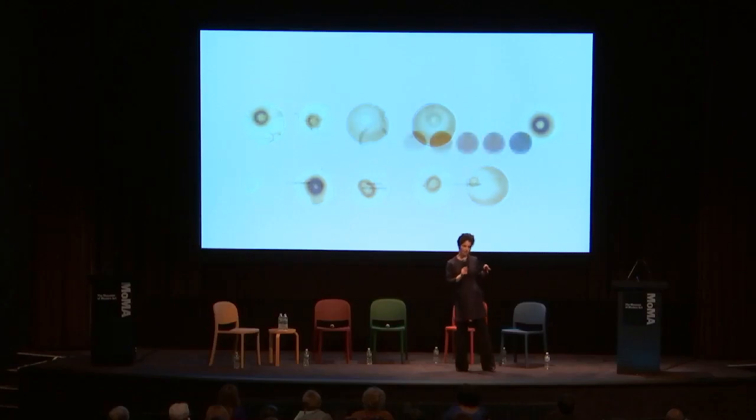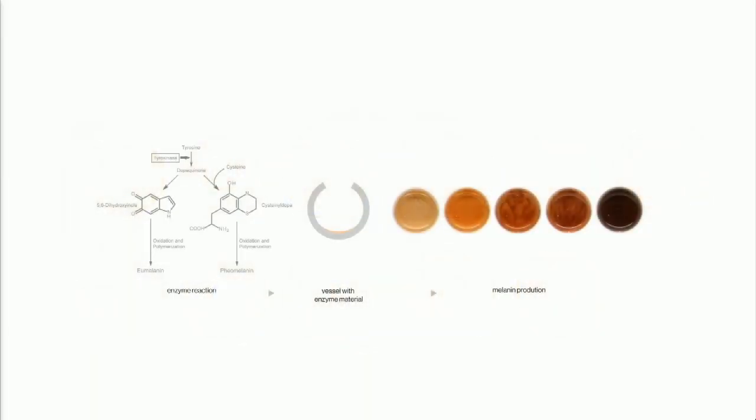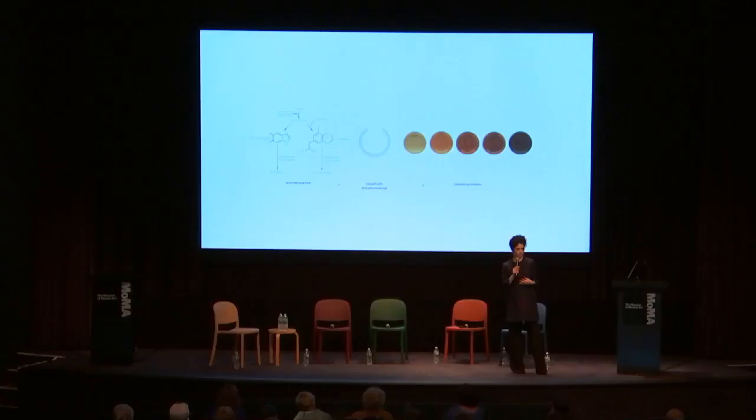And so we've explored the ability to create a set or a range of these melanin pigments. And of course, we know that with and on the human body, melanin protects from radiation, from UV radiation, and is today considered 10 times more expensive than gold per gram.